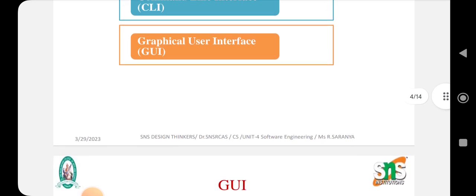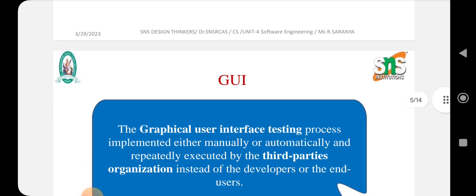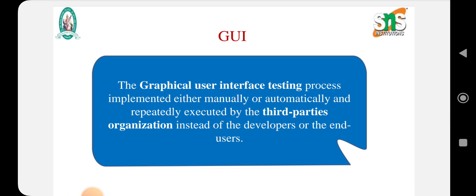Command line interface is accessed by using some command arguments. Graphical user interface testing is a testing process implemented either manually or automatically and repetitively executed by a third party organization instead of the developers.